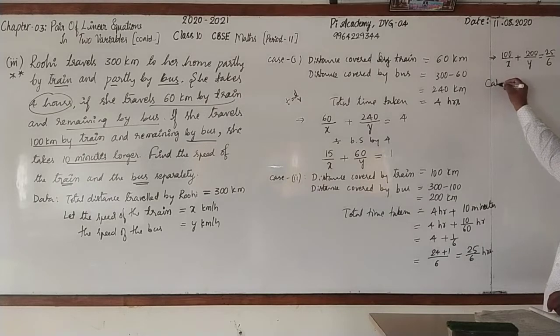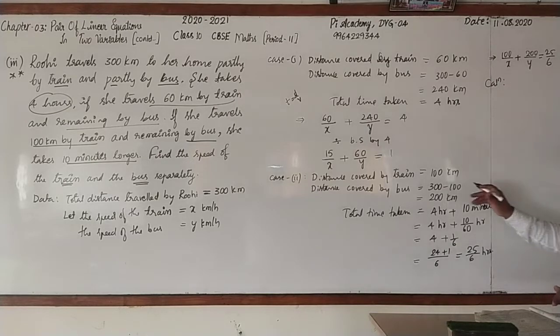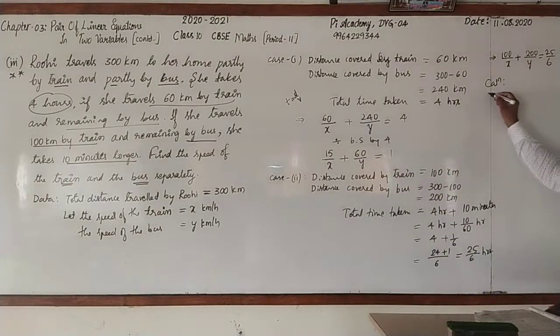Now let's go on to calculation. Which method you will go for? Obviously, here the terms are in fraction. Hence, we can go for UV method. By UV method, how do you assume? Let 1 by x equal to u and 1 by y equal to v.